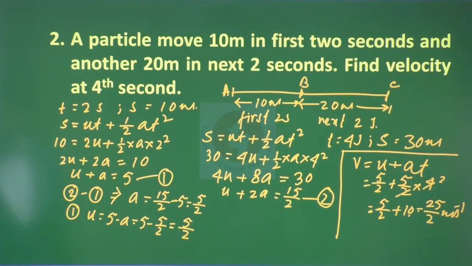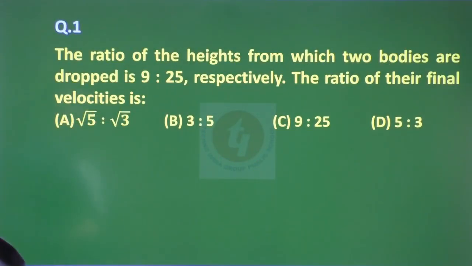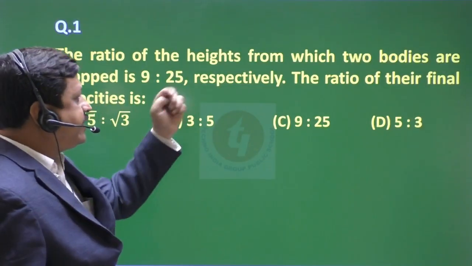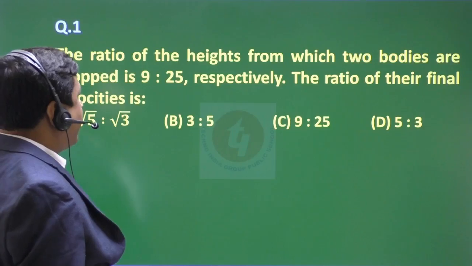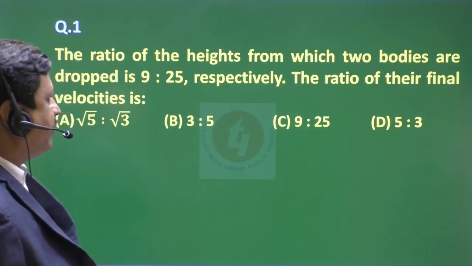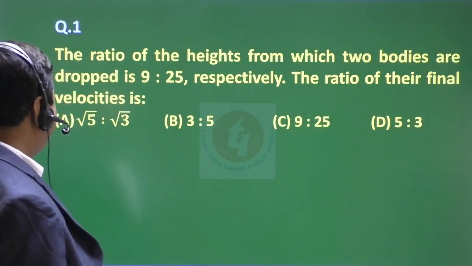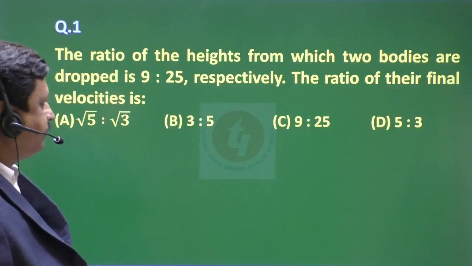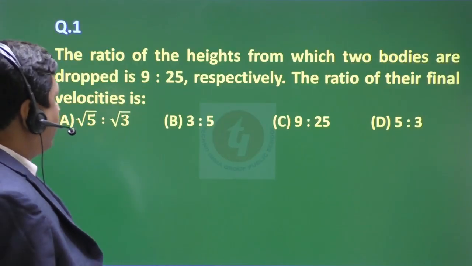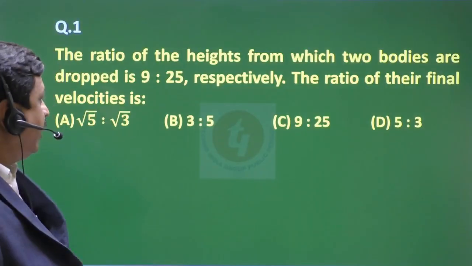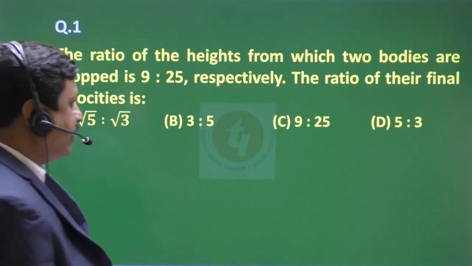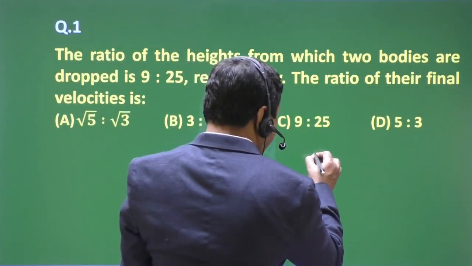Okay, next, that is motion under gravity. The ratio of the heights from which two bodies are dropped is 9:25 respectively. The ratio of their final velocities is, that means one particle is dropped from a height 9x, another particle is dropped from a height 25x, right?